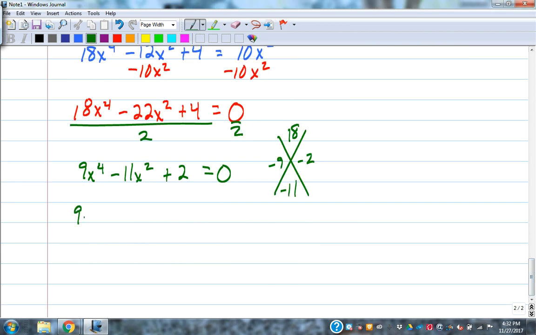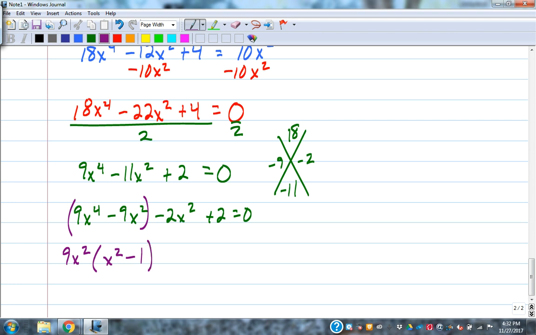So that'd be 9x to the 4th minus 9x squared minus 2x squared plus 2. And you group. 9x squared, and then that leaves not 9, but x squared minus 1, minus 2.